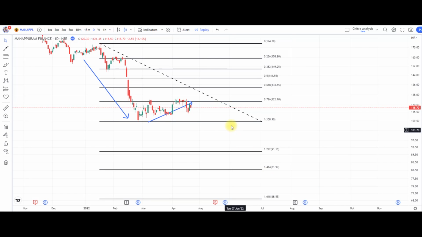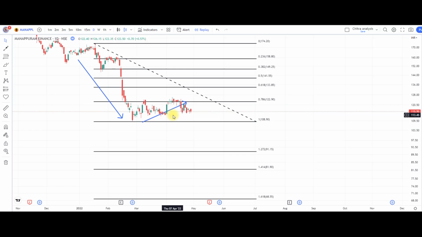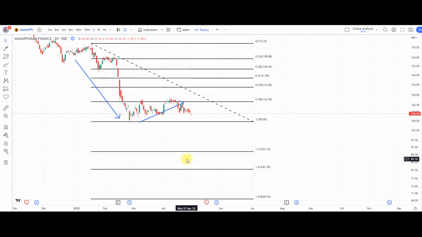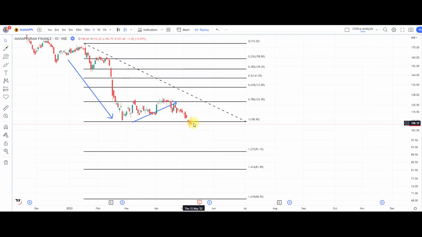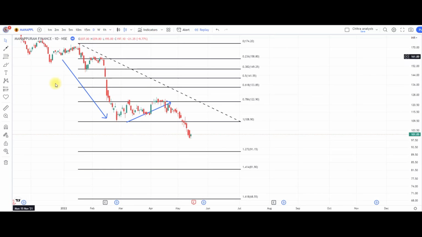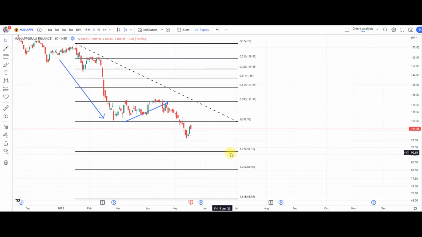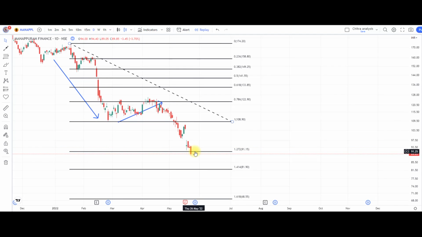So the price is consolidating here. So the price started falling down. So the first target is the level which you have mentioned here. So first target is almost achieved.